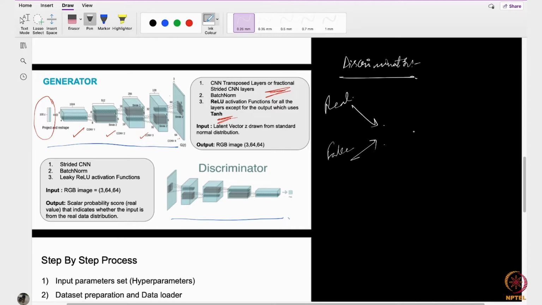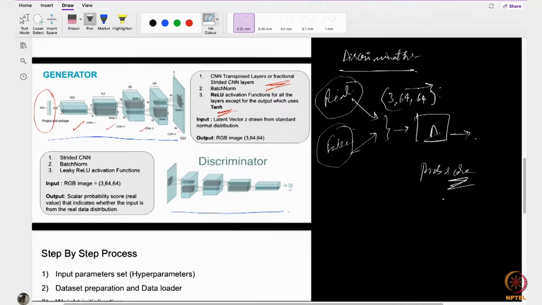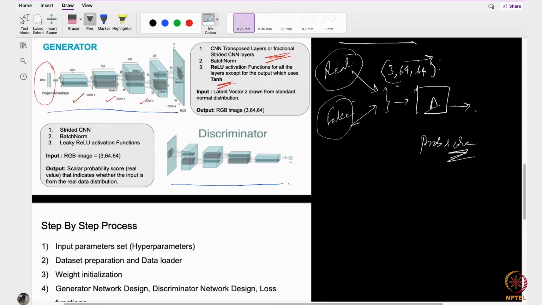That means the input to the discriminator will be a 3-channel 64x64 RGB image, either a fake image generated by the generator or a real image from the original dataset, and the discriminator will give a probability score. The score indicates whether the given RGB image belongs to real data, that is, the image being real.